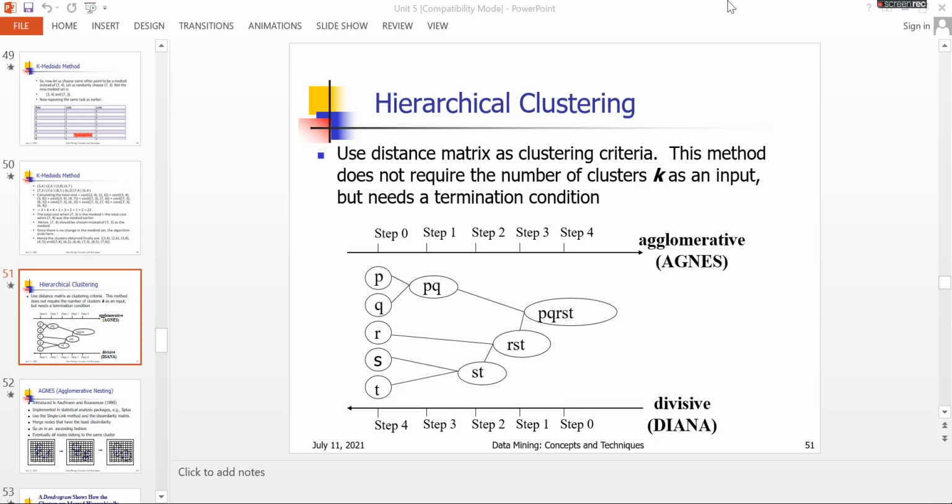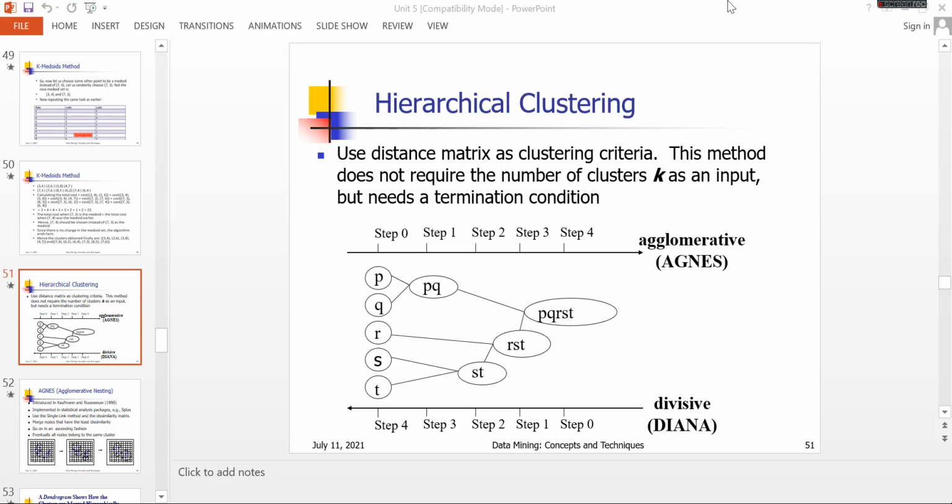Then in the final step, what happened? PQ is one cluster, RST is one cluster. These two clusters are combined and form PQRST, at the higher level. That is the final cluster, the final data set.